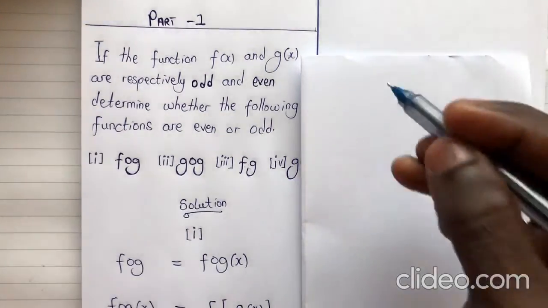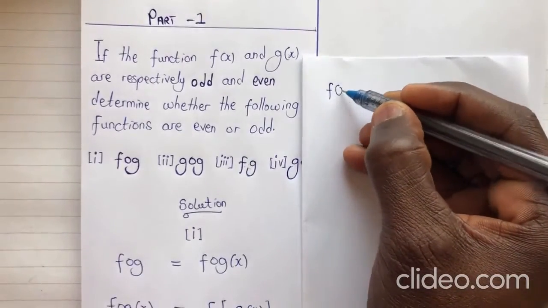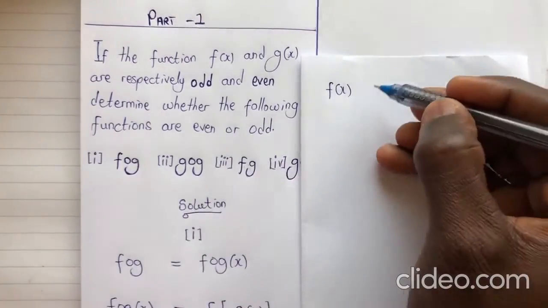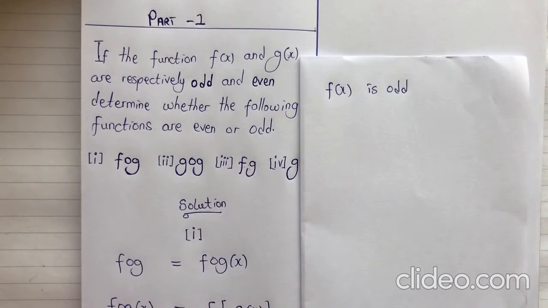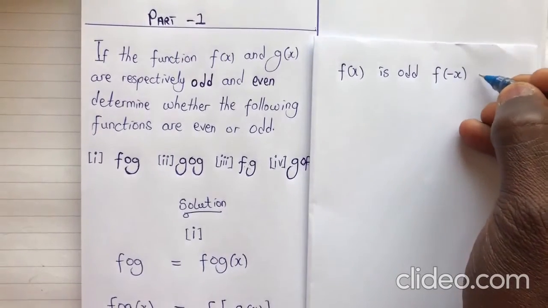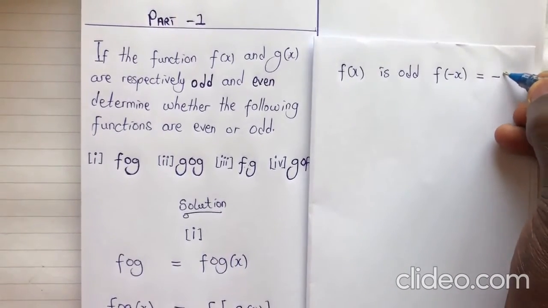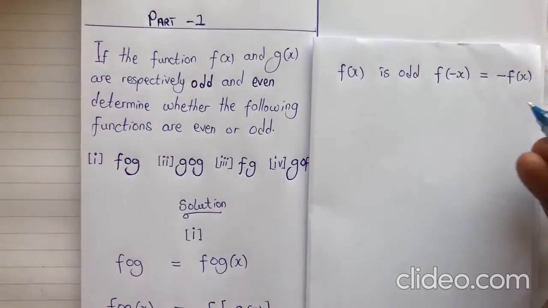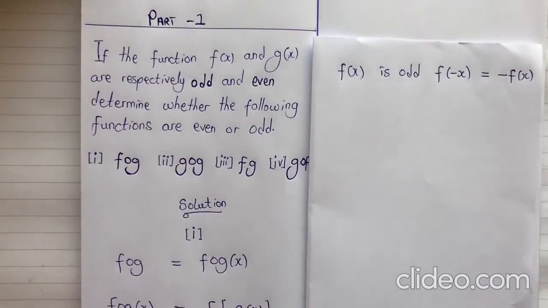So first, the question says that f of x is odd. For odd functions, anytime you test with a negative x, the result generates a negative what? Result. So f of negative x will give us minus f of x. This is the rule for odd functions.